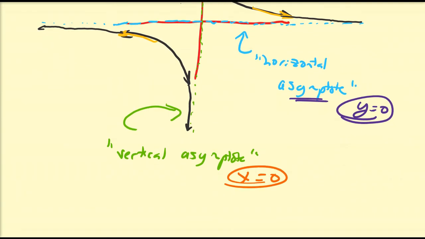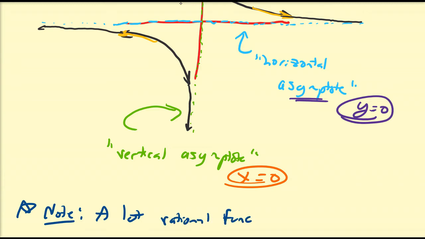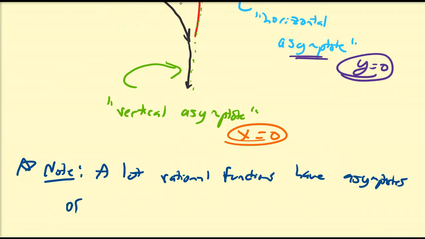So a lot of rational functions, just a note here. And I'm going to put "a lot" here because I'm not going to claim that all rational functions have horizontal and or vertical asymptotes, but a lot of rational functions have asymptotes of some form.